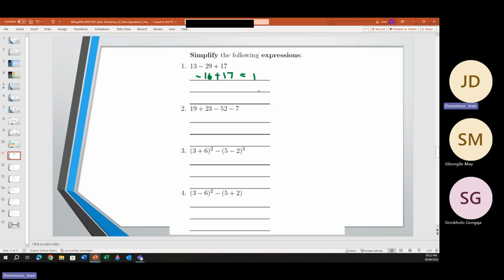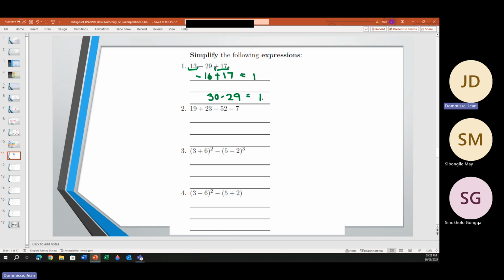We could have done it a bit differently as well. We could have said, let's get all the pluses together. There's a plus 13, there's a plus 17. So 13 plus 17 is 30. Let's get all the minuses. That would have been minus 29. And 30 minus 29 would have given you 1.